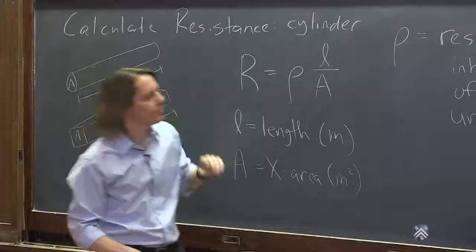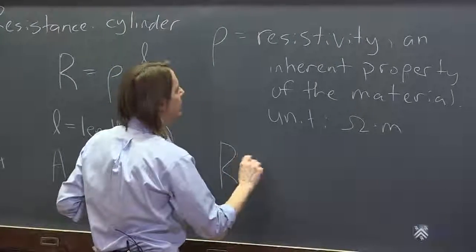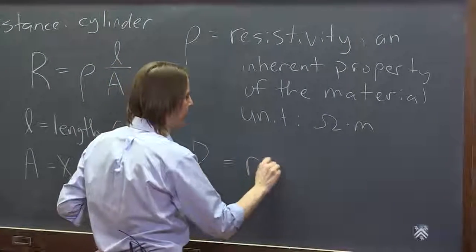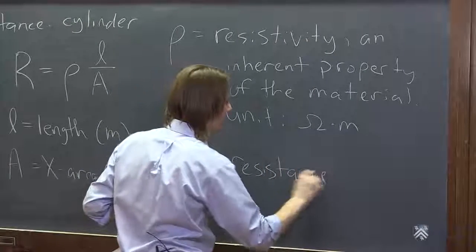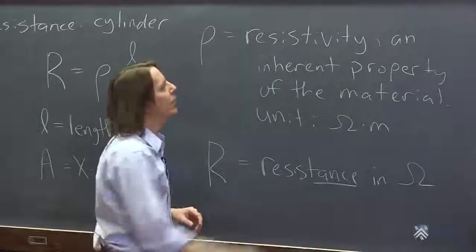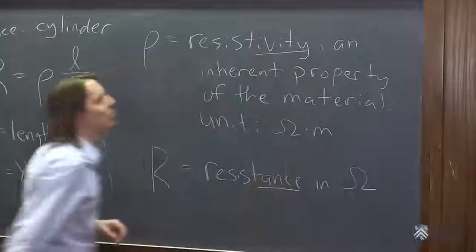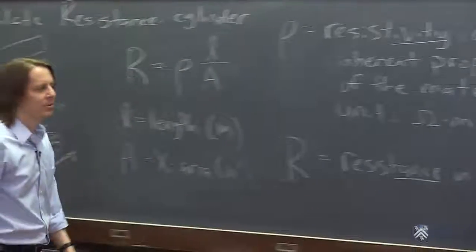So it works out. So rho, then R, the final thing we're looking for, is the resistance in ohms. Resistivities are properties of materials, and resistances are properties of objects.